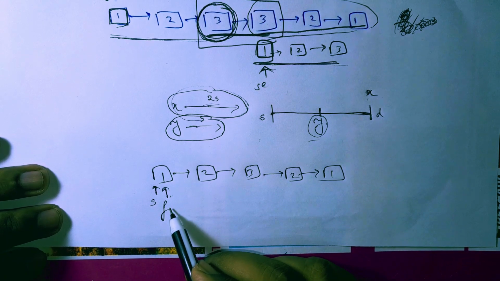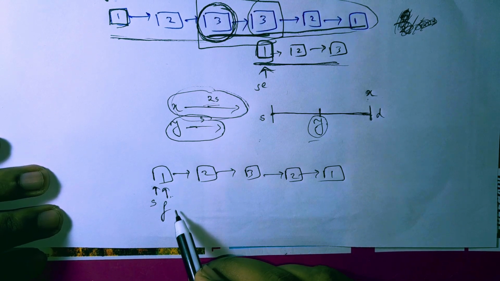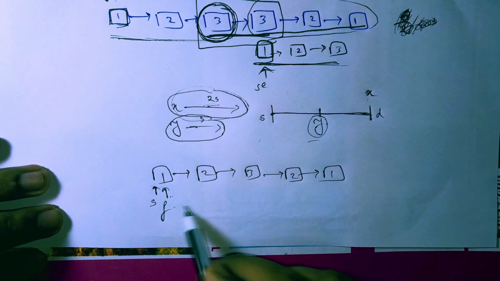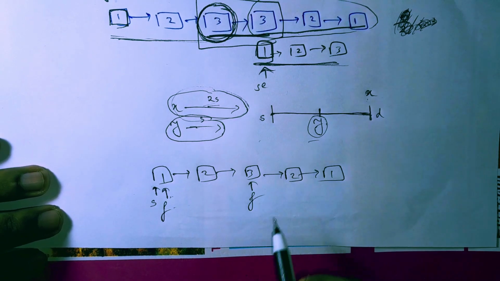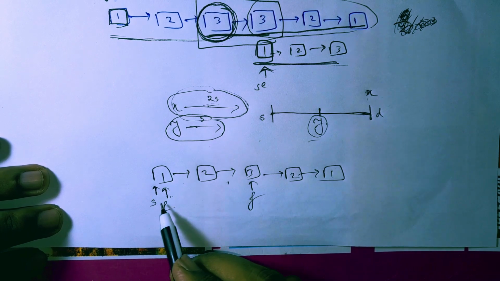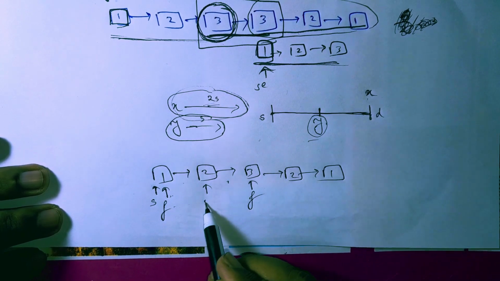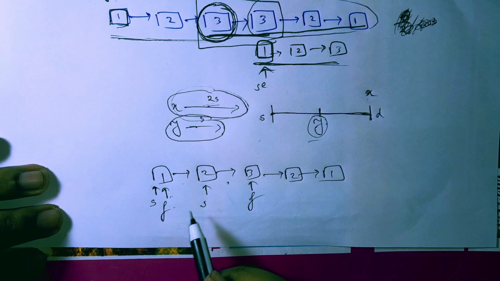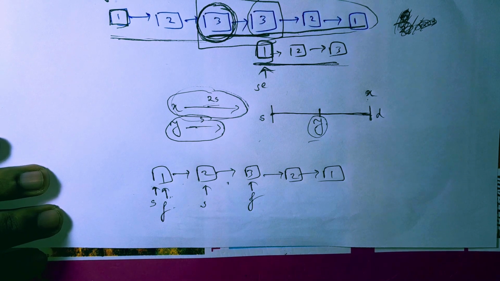I have said that my fast pointer speed is 2x of the slow pointer. So when my fast pointer moves, it will go to 3, because it will jump 2 steps, and my slow pointer will jump to 2 as it iterates through one step.